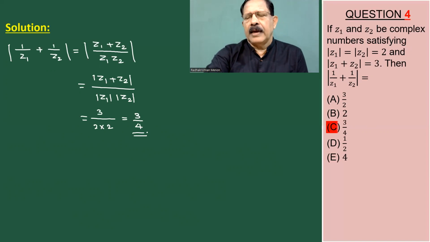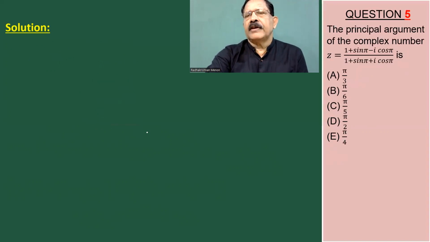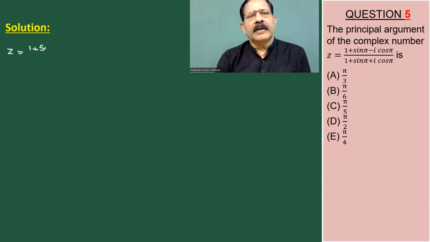Now, let's go to the fifth question. This is also very easy, I think. In the numerator, 1 plus sine pi minus i cos pi. In the denominator, 1 plus sine pi plus i cos pi.